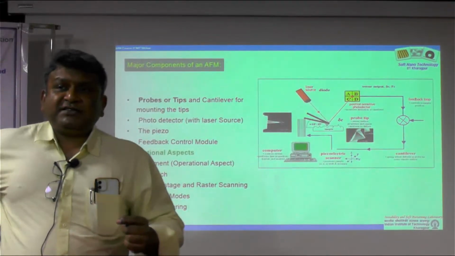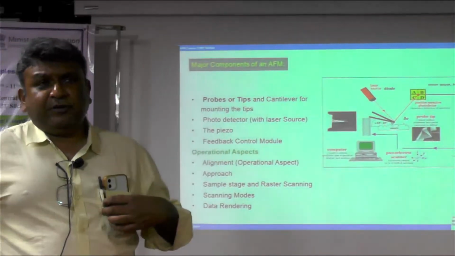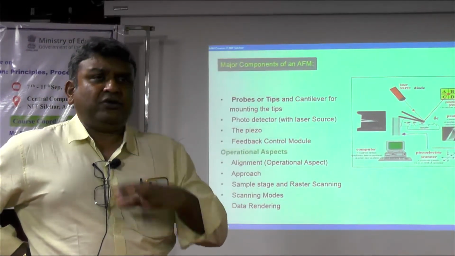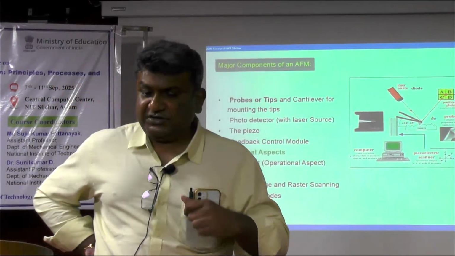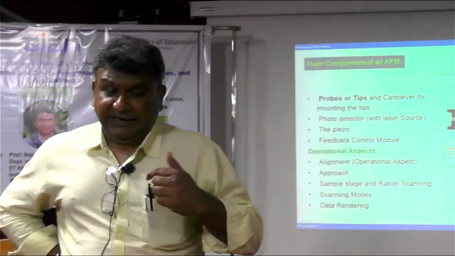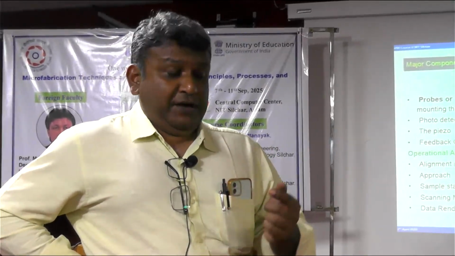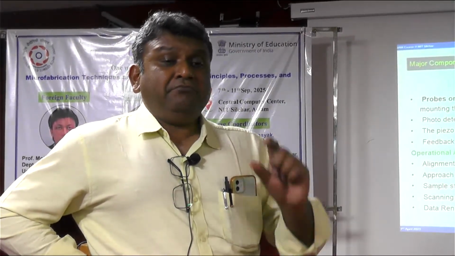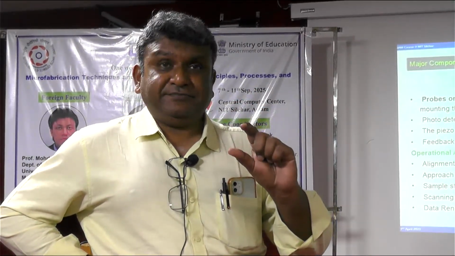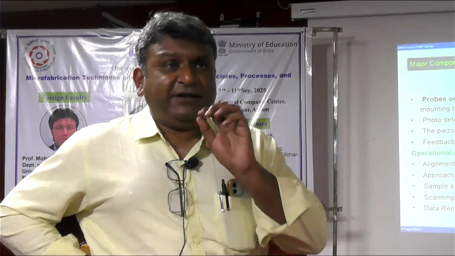I am not going to ask you what the problem is, because in a regular class I would probably teach it in a slower fashion so that you grasp the concept even better. The problem is as follows. In a scanning tunneling microscope, you were measuring the tunneling current, and to measure current you need an ammeter.